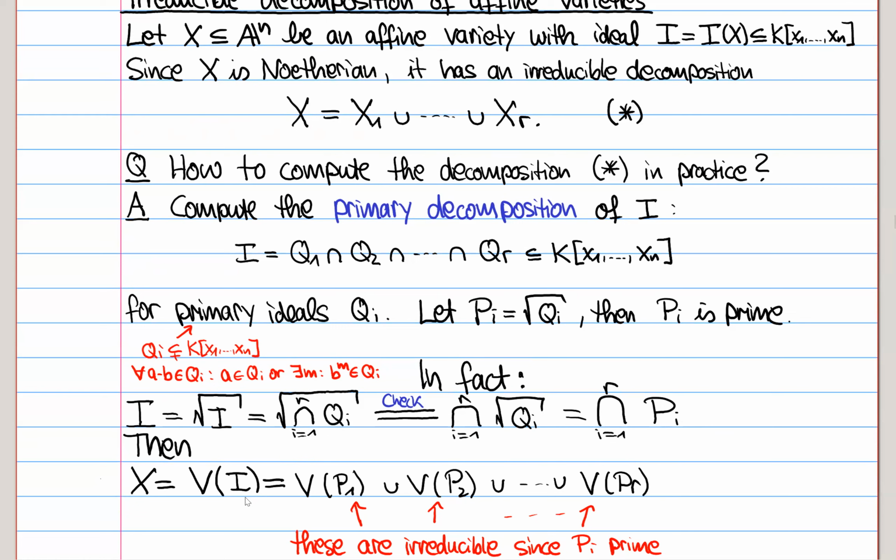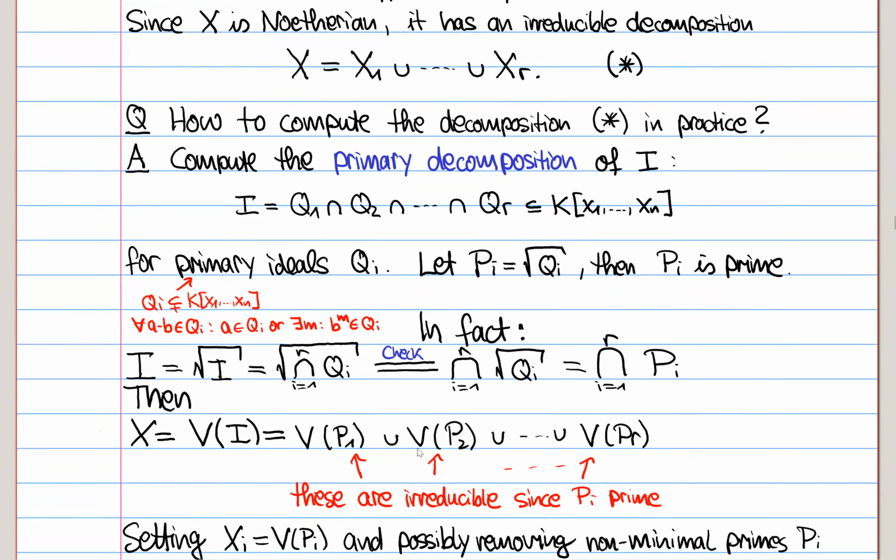And the vanishing locus of an intersection is the union of the corresponding vanishing loci. Intersection becomes a union, and then we have written indeed X as a union of vanishing loci of prime ideals. And we have seen in one of the earlier parts that the vanishing locus of a prime ideal is exactly an irreducible subset of A^N. So we have written X as a union of irreducible subsets.